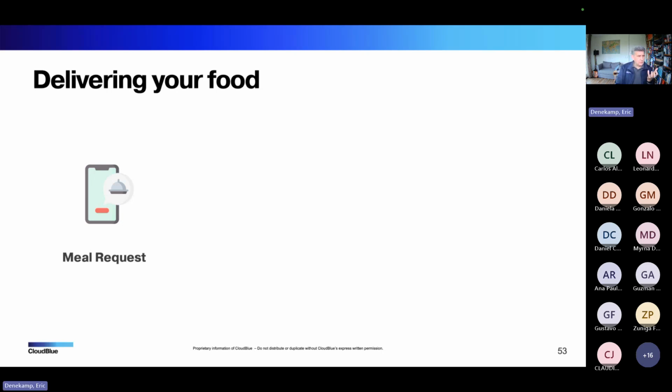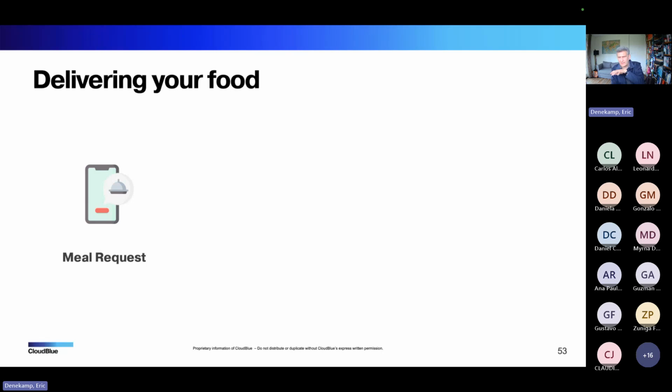What is needed to have that dish delivered, and whether that dish is delivered in the restaurant or it is brought to you by Uber Eats or whatever, there has to be a meal request. The chef is in the kitchen, I'm at a table in a restaurant, and somebody has to take my request, right?